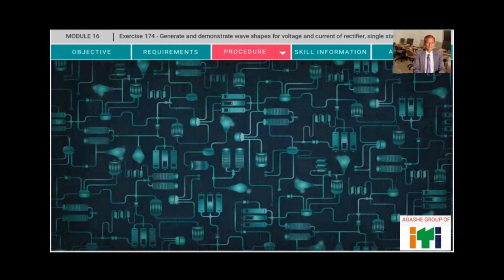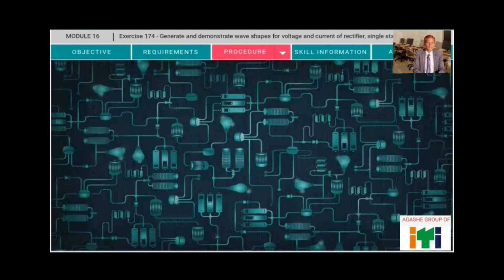Measure the ripple and calculate ripple factor in a bridge rectifier with RC filter. Let us construct the bridge rectifier circuit with RC filter using the circuit diagram. Diode 1N4007.